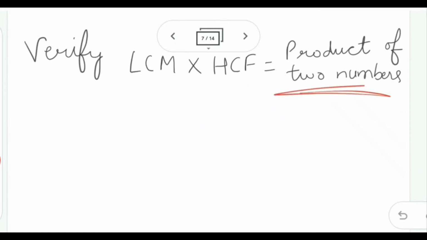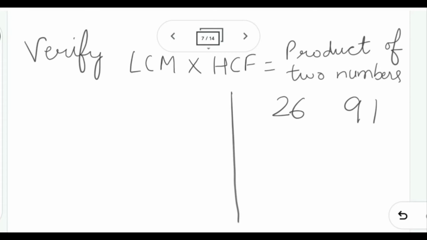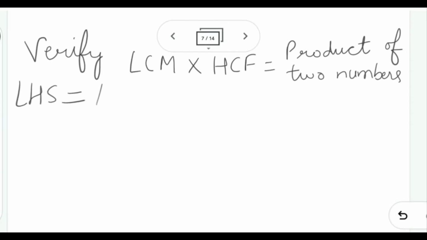We can apply this in case of two numbers. In the previous example we took two numbers, 26 and 91. So we can put values in this formula to verify whether both sides are equal. First, the left hand side is LCM into HCF.